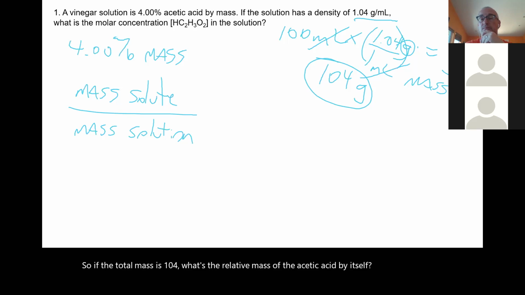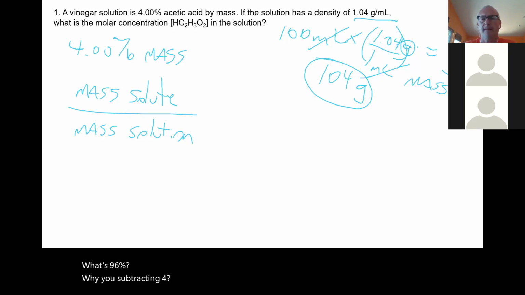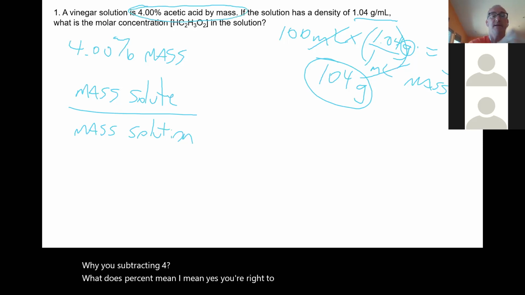Like it's going to be 96%. What's 96%? I just say 100 minus 4. I'm not sure. Why are you subtracting 4? What does percent mean? I mean, yes, you're right to refer to this, but what does percent actually mean? 4/100.